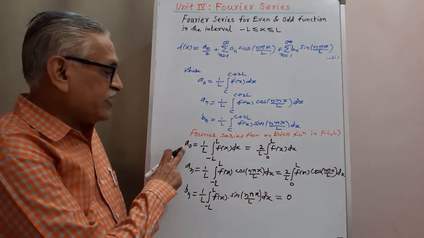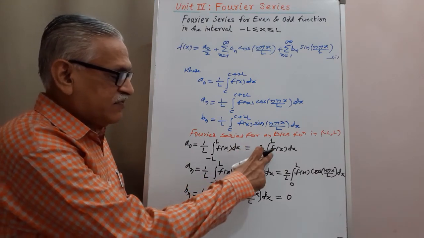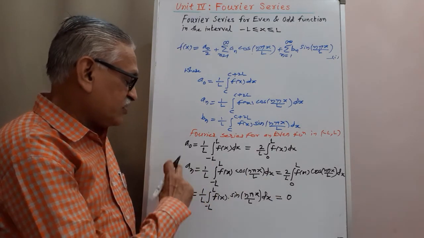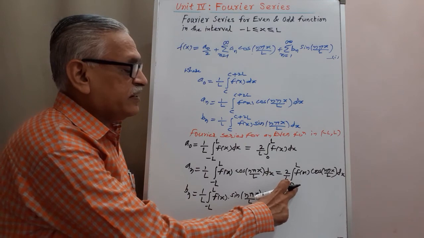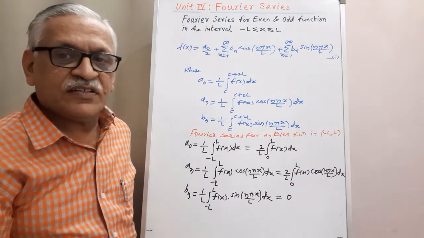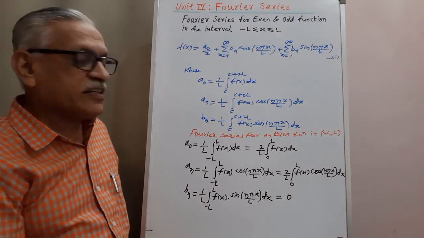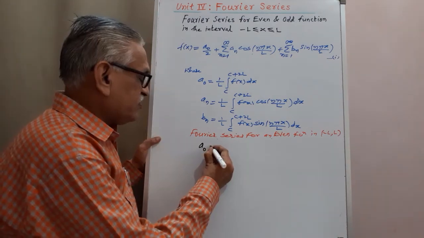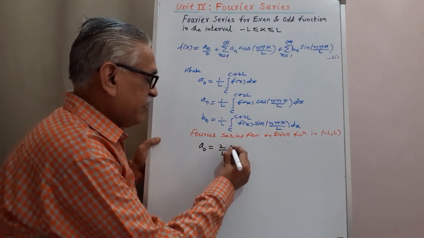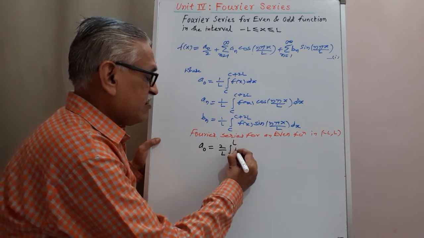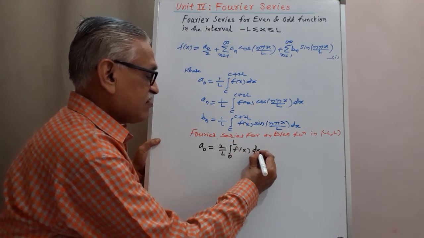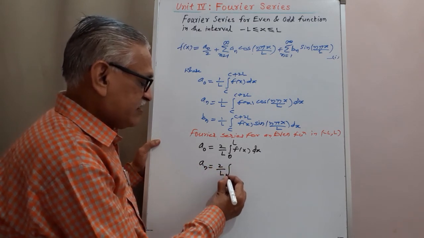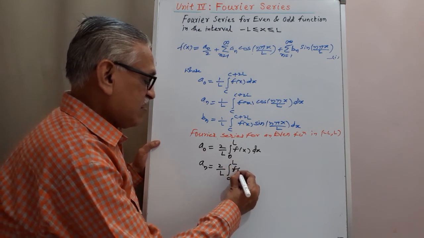And therefore, we get the value of A0 as 2 by L, integral from 0 to L, f of x dx. The value of An is 2 by L, integral from 0 to L, f of x cos n pi x by L, its integration with respect to x, and Bn is 0.